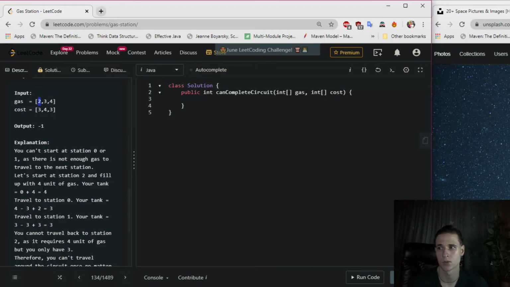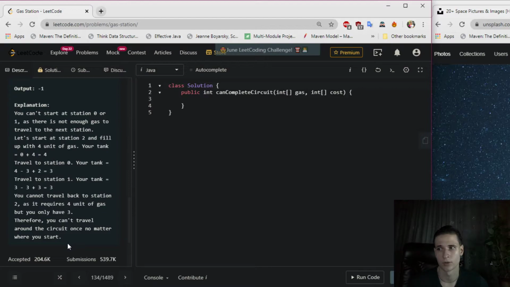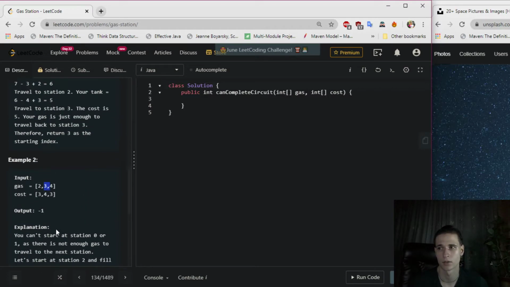Your tank equals 4 minus 3 plus 2 equals 3. 3 minus 3 plus 3 equals 3. You cannot travel back to station 2 as it requires 4 units of gas, but you only have 3. Therefore, you cannot travel around the circuit once, no matter where you start.